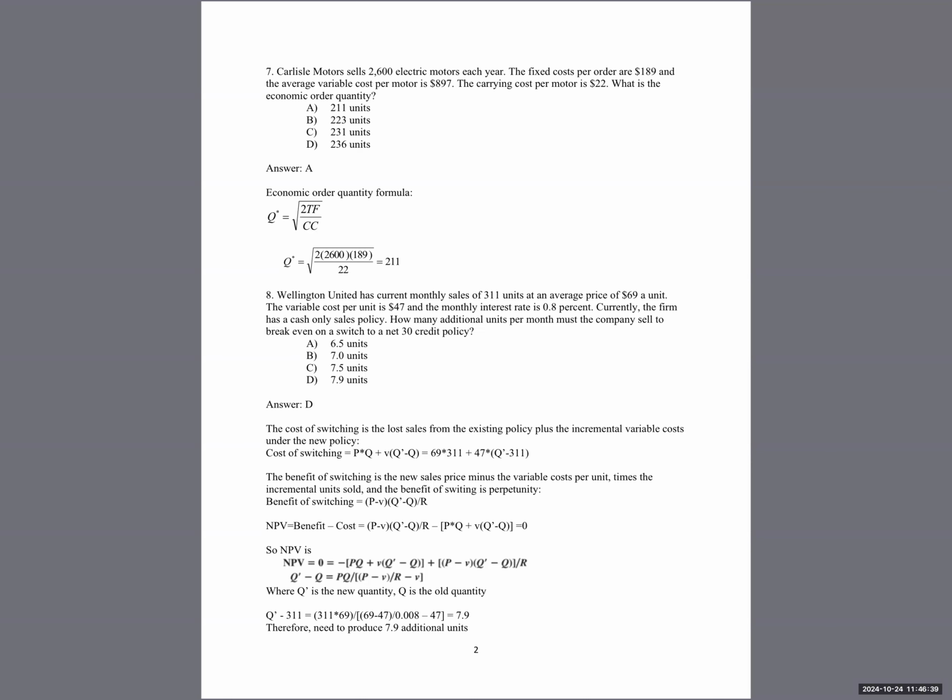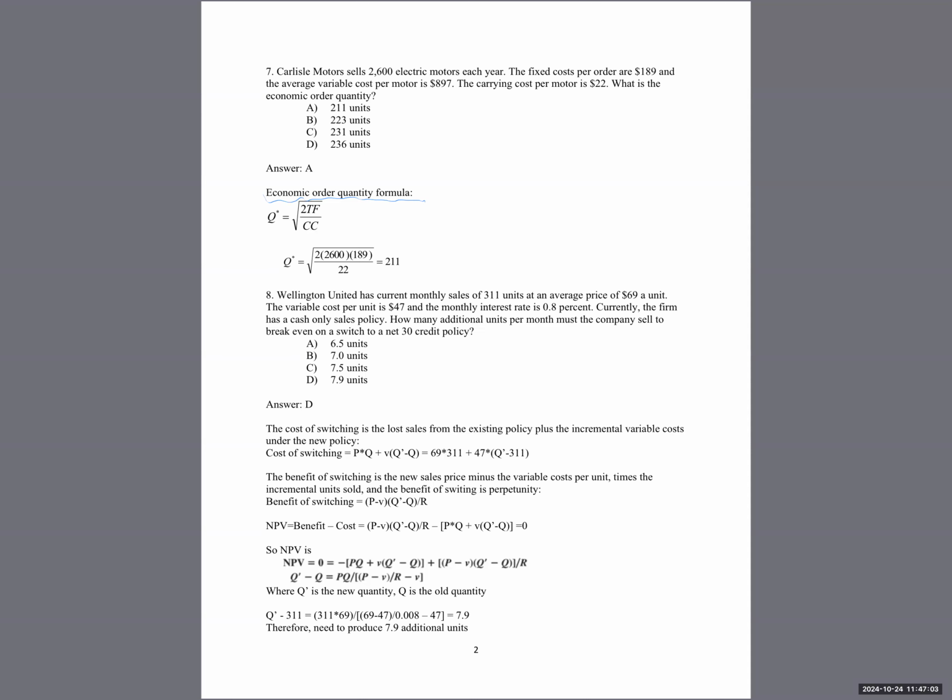So the question is about economic order quantity. From the slides, if you read the slides, you should see the economic order quantity formula. Q star is calculated by the square root of 2 times T times F divided by the carrying cost.